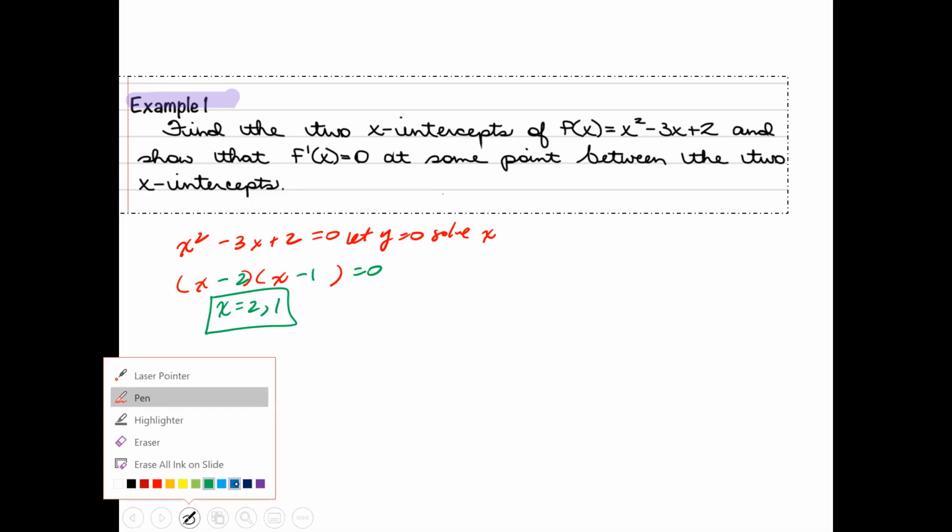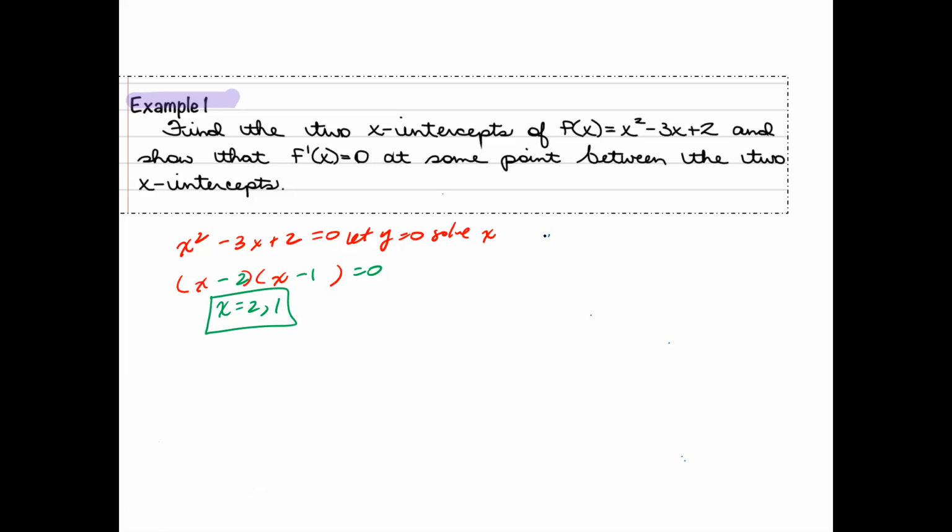So then what I'm going to do here is find the first derivative, f prime of x, which is just going to be the power rule. Set it equal to 0, solve for x, which is 3 over 2. And then I'm going to take these two and compare them.